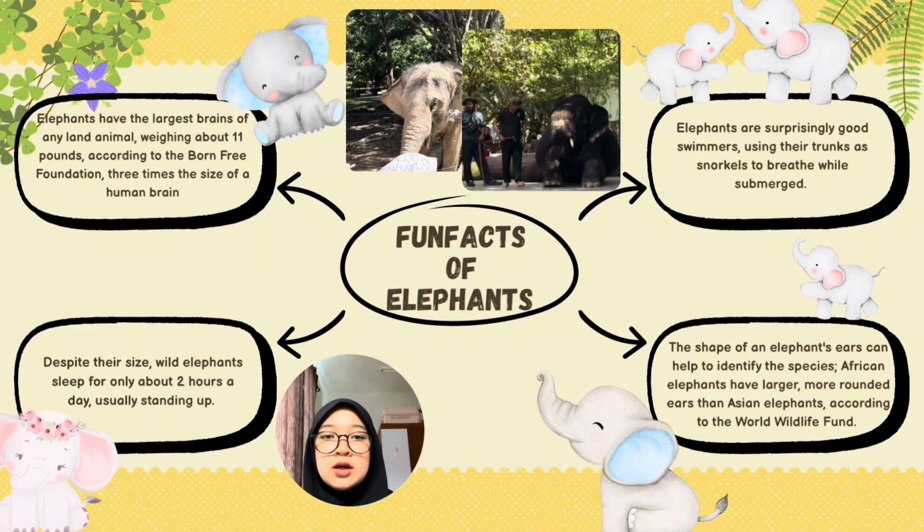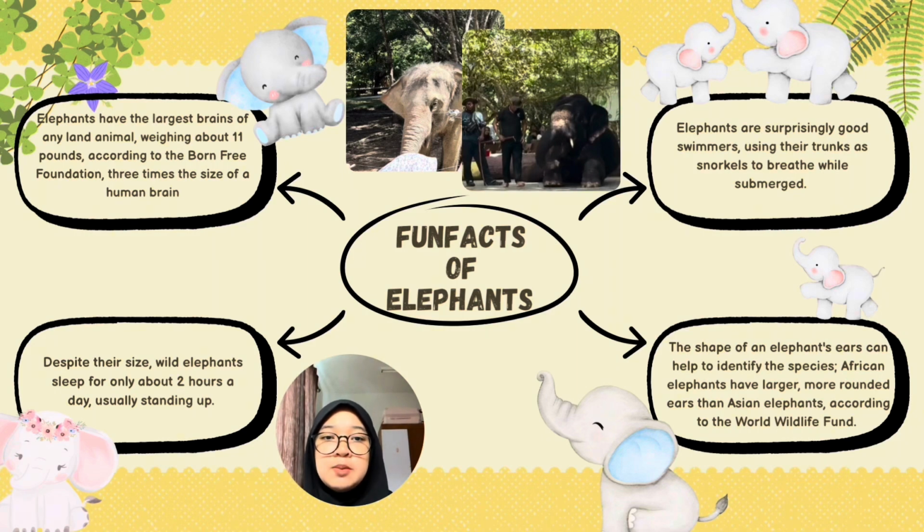Secondly, despite their enormous size and energy needs, elephants sleep surprisingly little, only about 2 hours a day on average. Unlike many animals, they often sleep while standing up, especially in the wild, to remain alert and ready to flee from predators if needed.